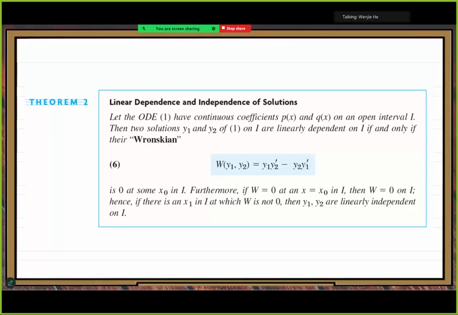First, ODE1. Let me write ODE1, the one we saw. Let me change the pen color.